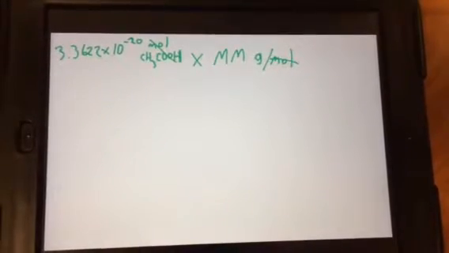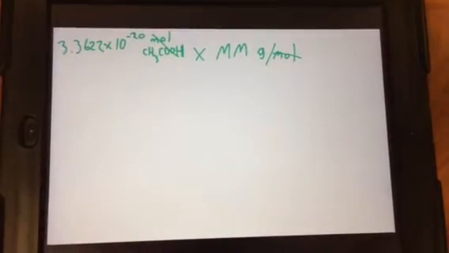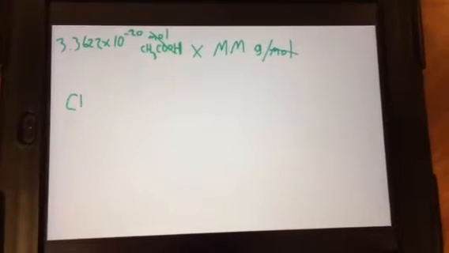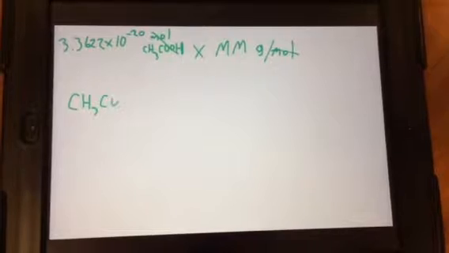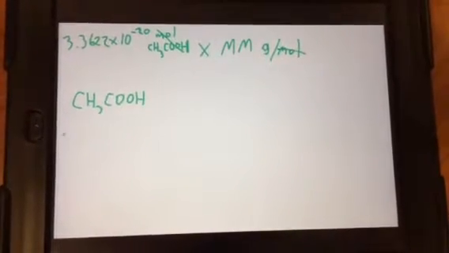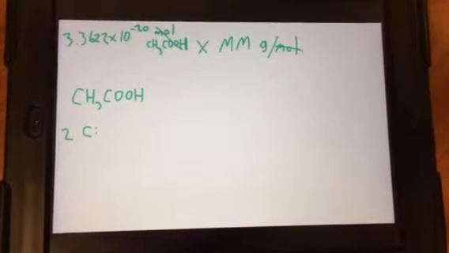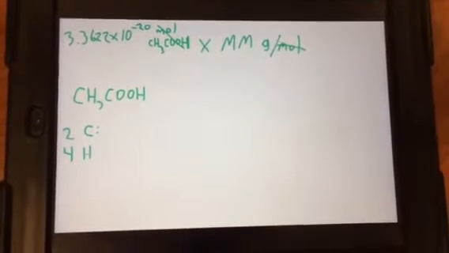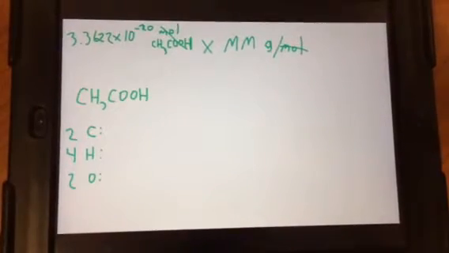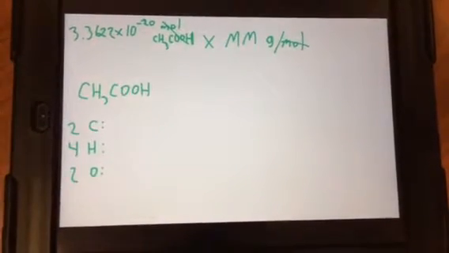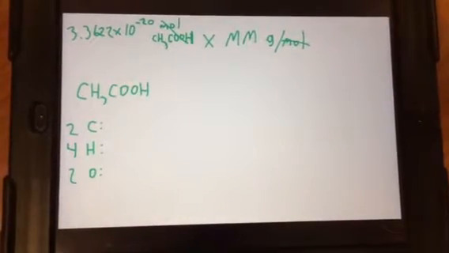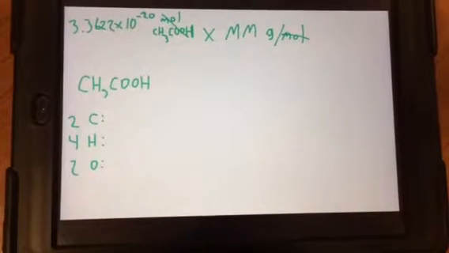Now, to find the molar mass of acetic acid, we look at the individual atoms in the formula. So the formula again is CH3COOH. And in the formula, we see that there are 2 carbon atoms, there are 4 hydrogen atoms, and there are 2 oxygen atoms. Next, we look on the periodic table to find the molar masses of each individual atom.